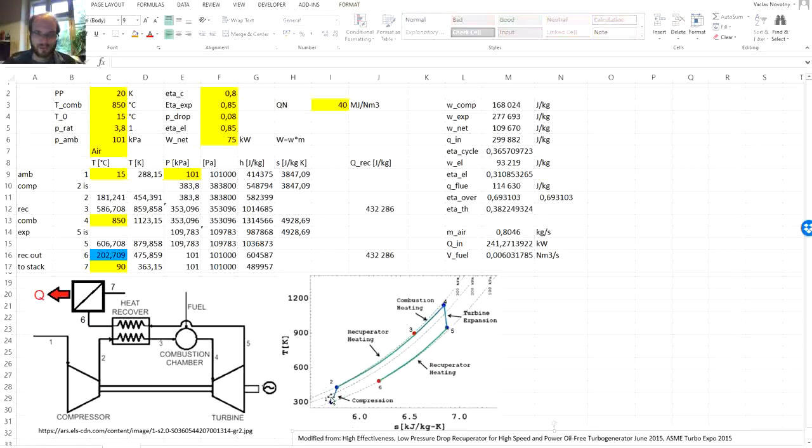So first, for the very basic TS diagram, we will get the temperature and entropy in the given nodes, where in some of them we already have it, in some of them we are missing the entropy.